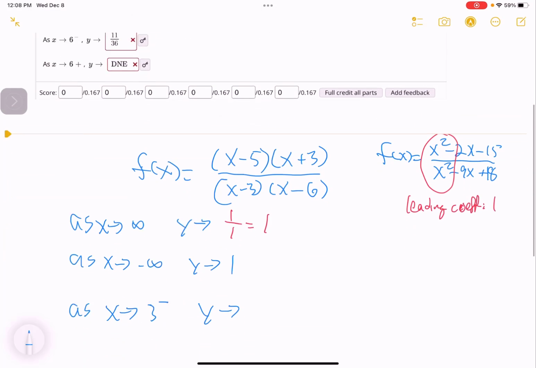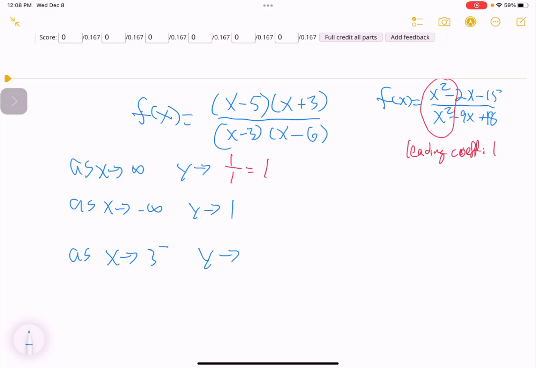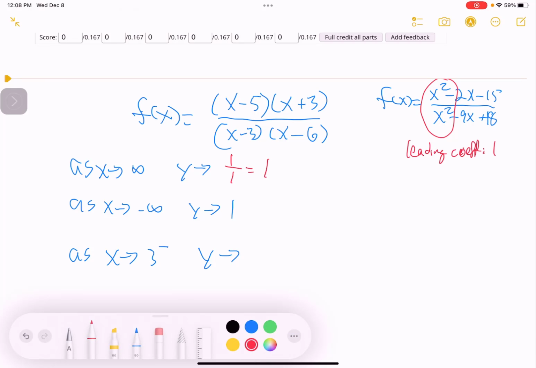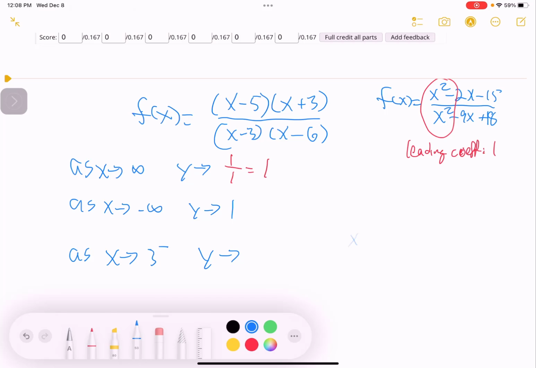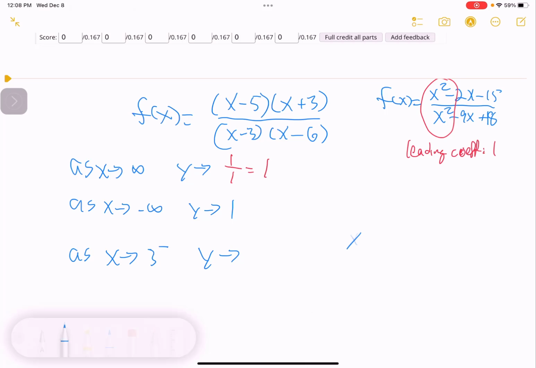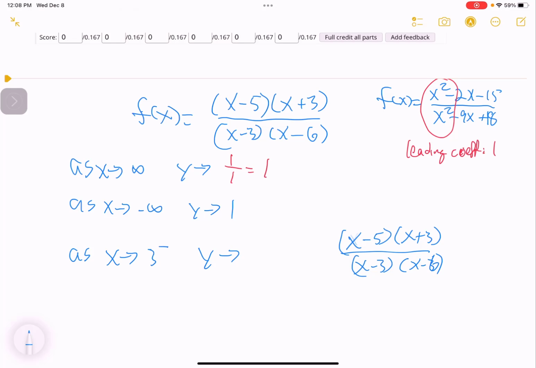If we look back at our factors, since nothing divides out, I'm looking at the denominator. We have x minus 5 times x plus 3 in the numerator, but in the denominator we have x minus 3 times x minus 6. So x minus 3 equals 0 means x equals 3.